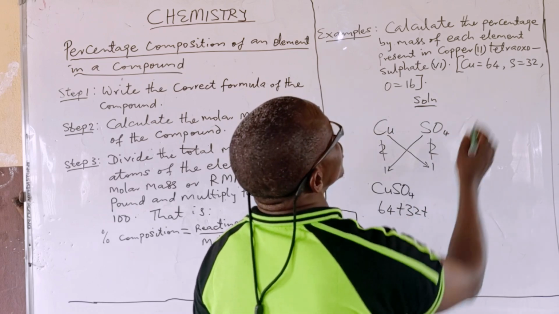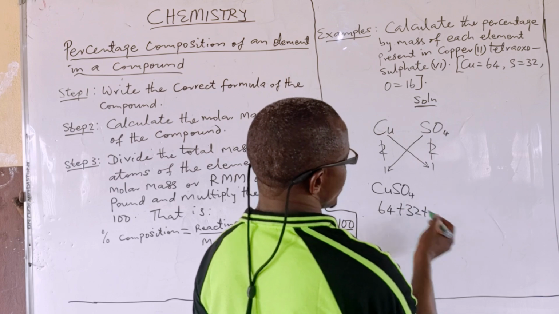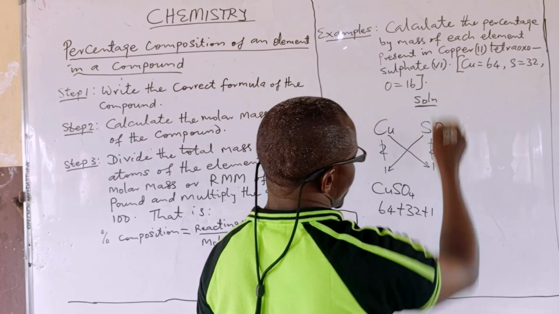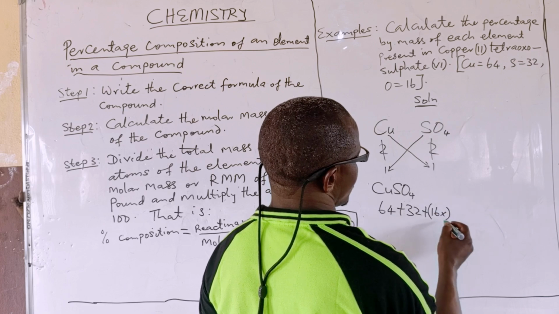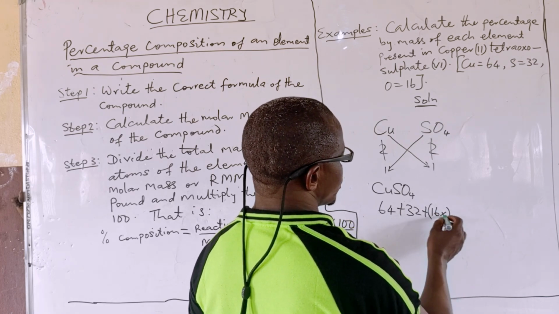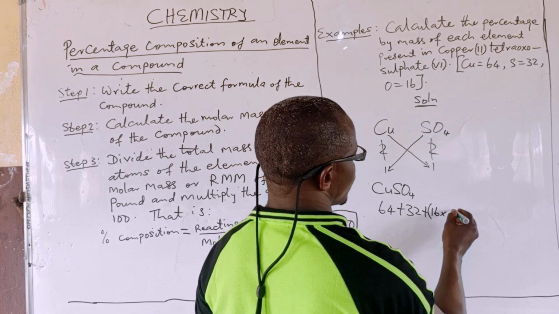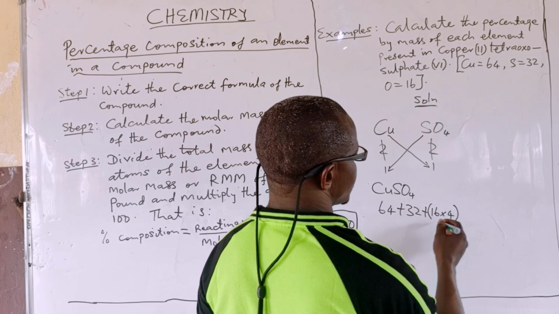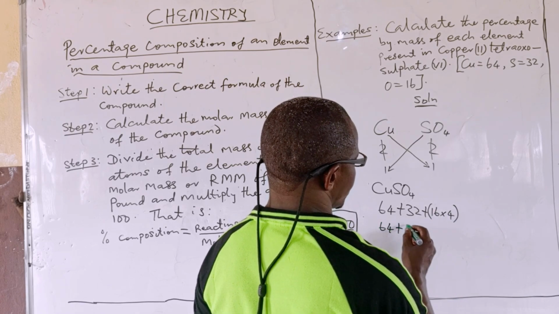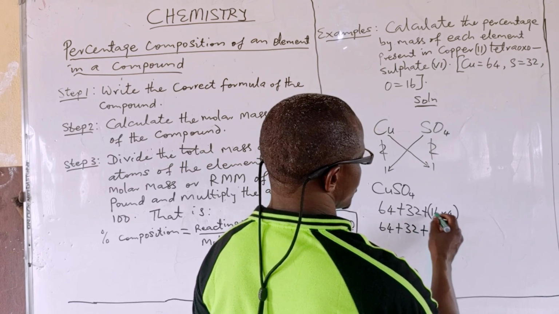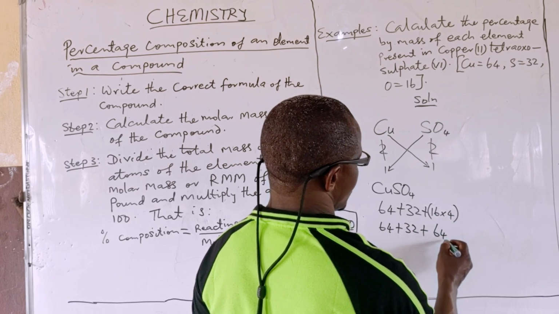Add that to that of oxygen. Here you have 16 there times 4. Okay, now multiply this, times 4. Multiply this, and you have 64 plus 32 plus 64.